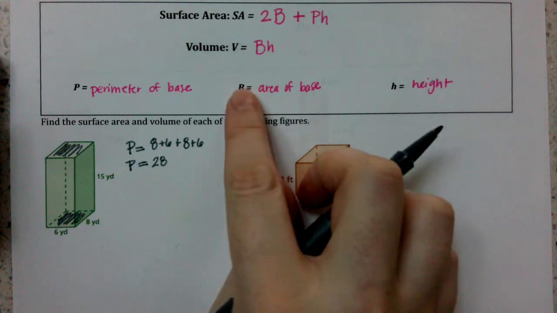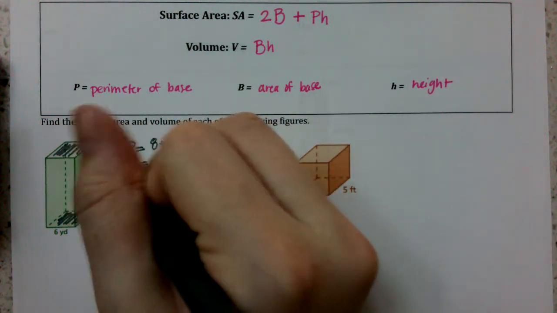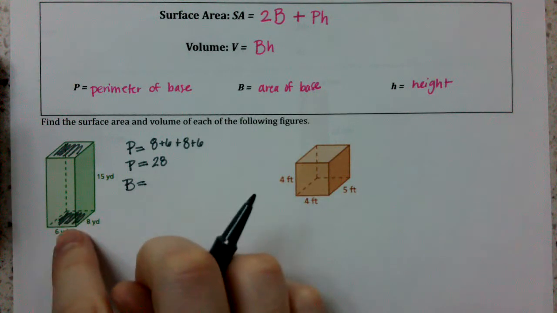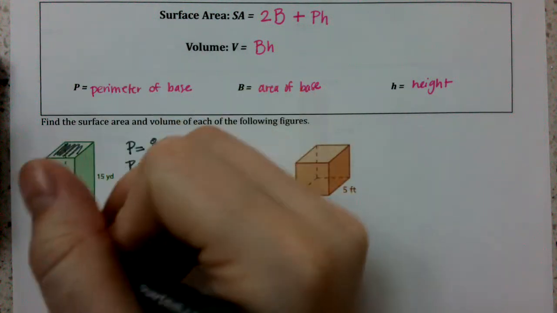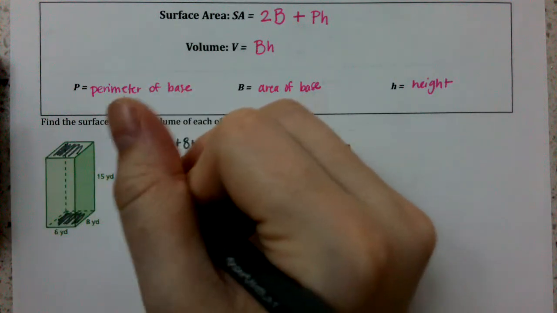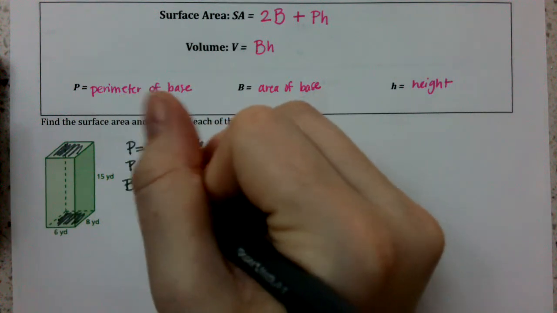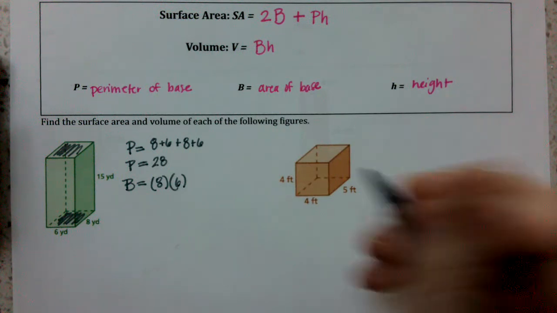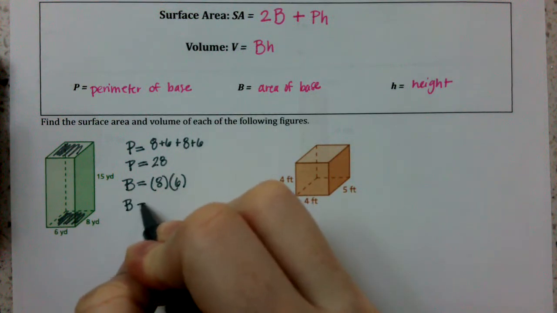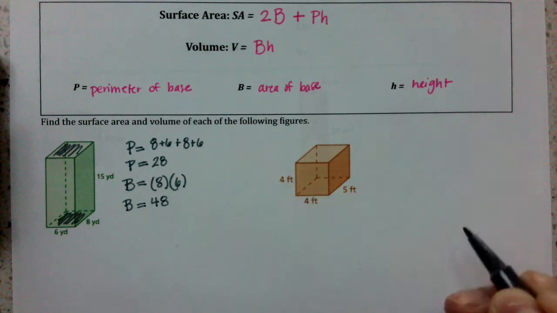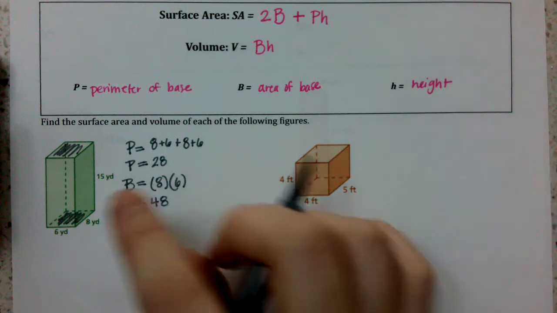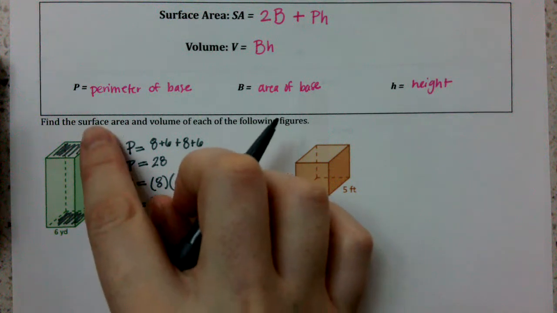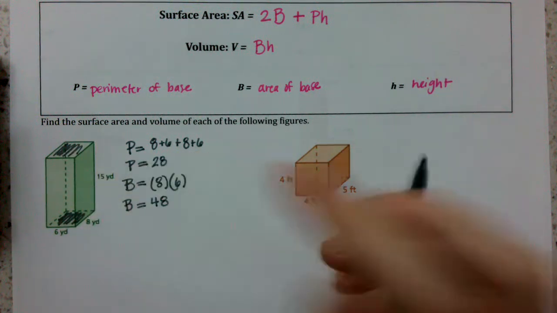Now I want to find the area of the base. My base is a rectangle, so it's just going to be base times height, or length times width. So 8 times 6, which is 48. Then my height is always going to be one of the sides connecting the base to the base. So 15 is my height.